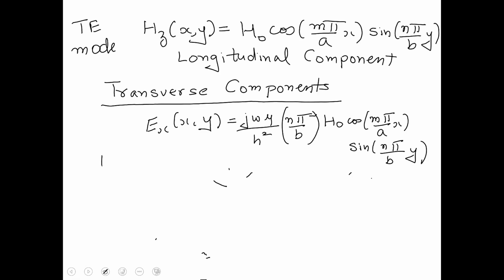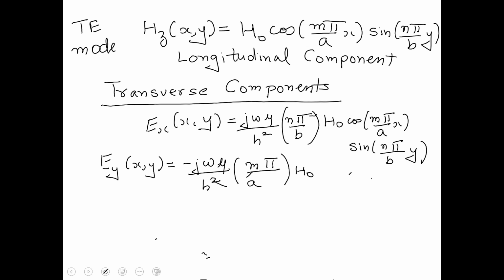Then I have Ey(x,y) is minus j omega mu by h square m pi by a h naught, you will have a sine of m pi by a x, and then you'll have sine of n pi by b y.